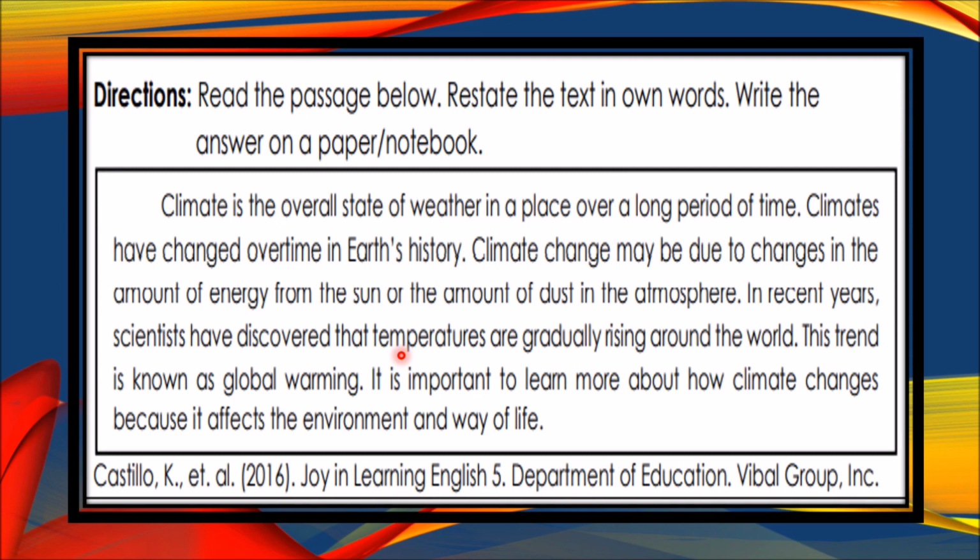You can start here with climate. So you can restate the text in your own words. How? You just change it. Use synonyms, use a thesaurus, dictionaries, and look things up. But the clear picture must be there. That means whatever idea is being conveyed there, you just put it in your own words. Okay? Good.